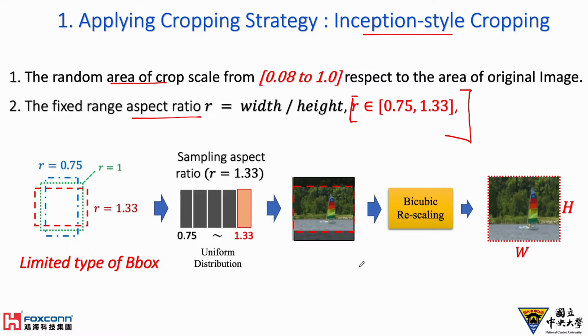But we can see the limit here. If we have a dataset where a lot of objects may exist not only in the center but somewhere in this part or that part, the Inception-style crop will lead to inappropriate crops, since the main area always just covers the entire center of the image.